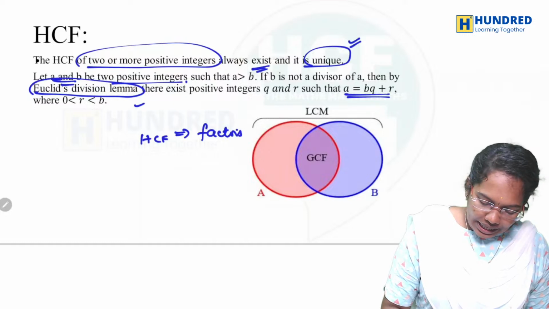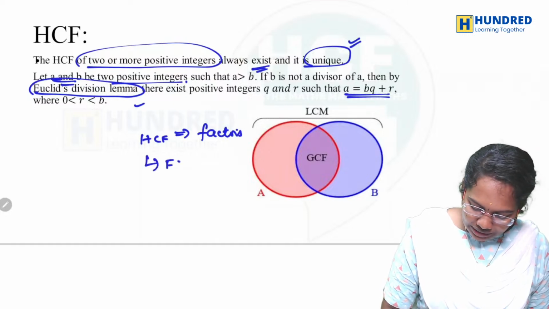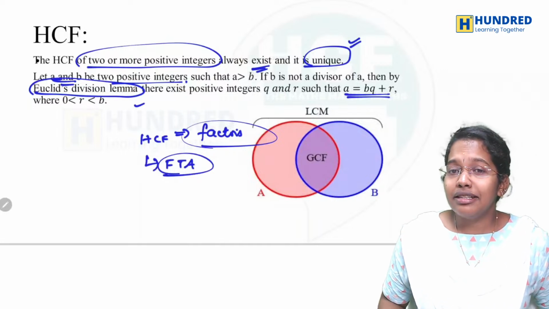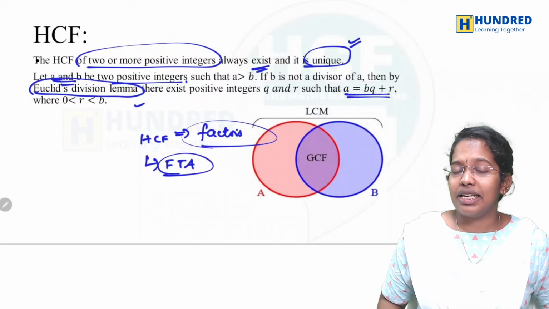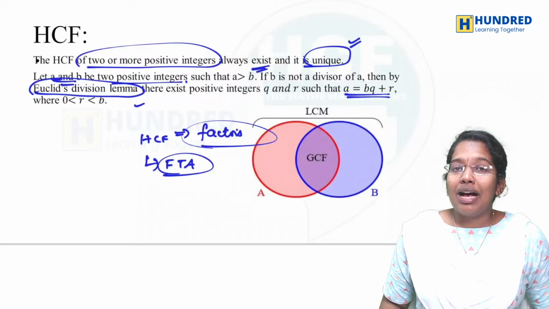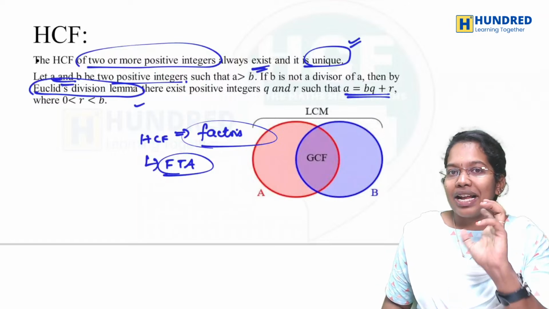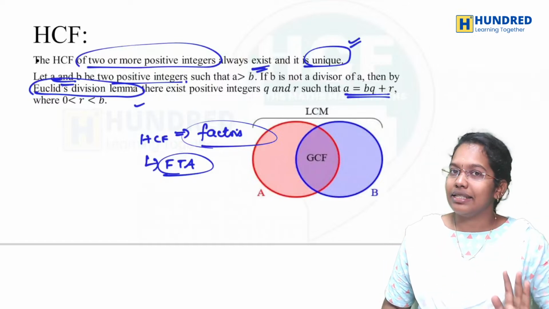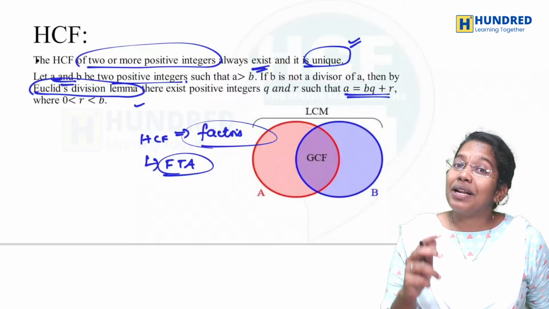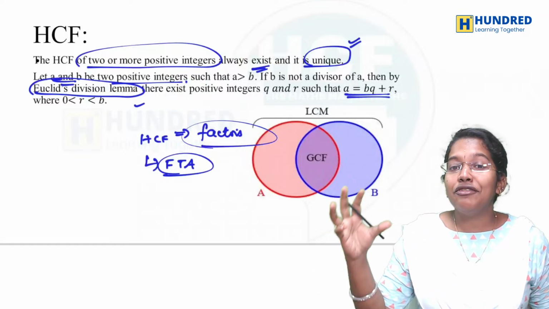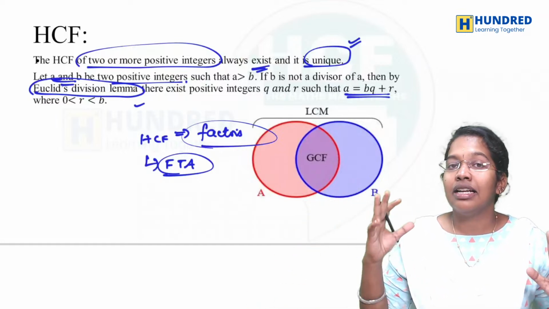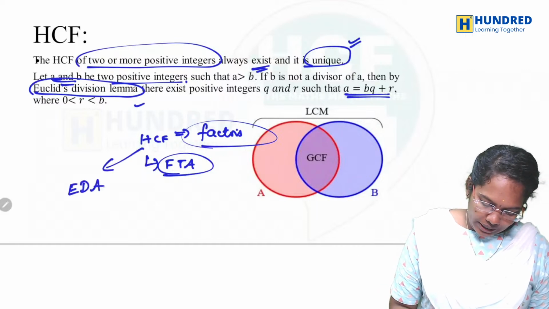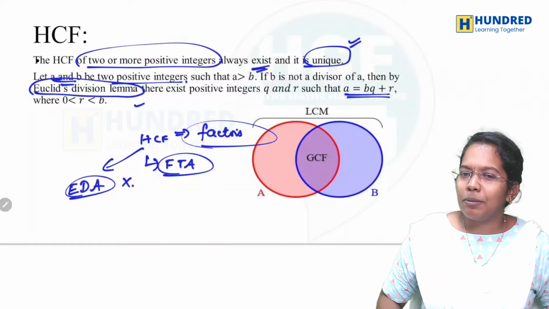The second is by FTA, the fundamental theorem of arithmetic. You go by the product of prime factors, and using that you can find the HCF and LCM, either by the prime factorization method or by the factor tree method. And the third type is by Euclid's division algorithm, and this part is deleted from your portions.